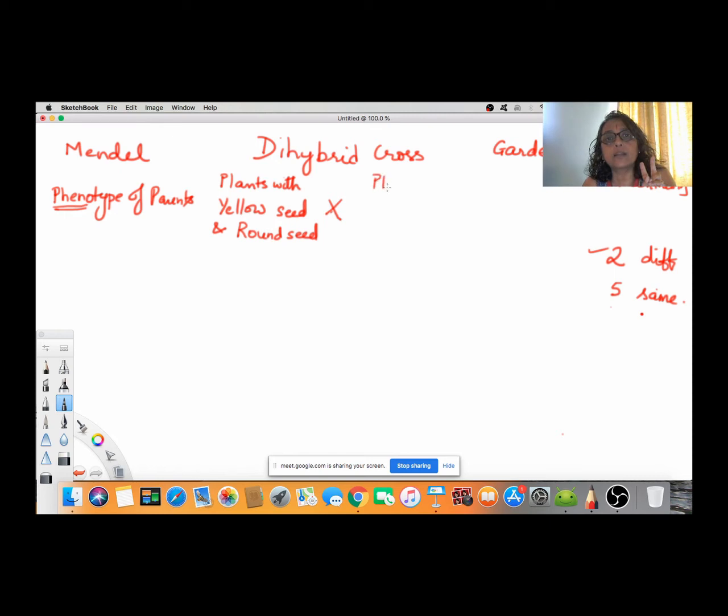And this is a plant with green seed and wrinkled seed. So suppose you take these 2 plants. This is the phenotype: yellow seed and round seed. So it's a plant with yellow and round seed, and a plant with green and wrinkled seed.